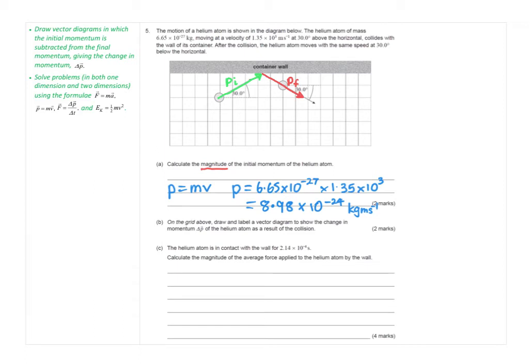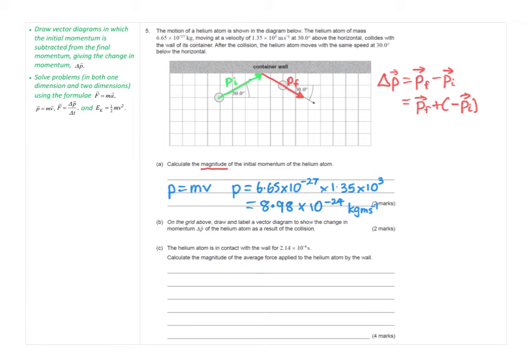Now we need to calculate the change in momentum. So we need to basically do delta P, which is equal to, remind ourselves these are vectors, PF minus PI. When we subtract a vector, we add the negative, so PF plus minus PI.